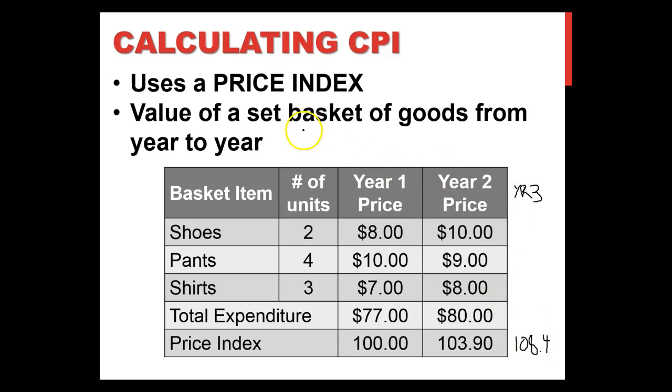So this new value would be 108.4 minus the old value, in this case 103.9, because that's the original year that we want to measure change from, divided by the old value, which is 103.9, and multiply all of that by 100. And if you do all of that math, you'll find then that the rate of inflation will be 4.33% from year 2 to year 3.